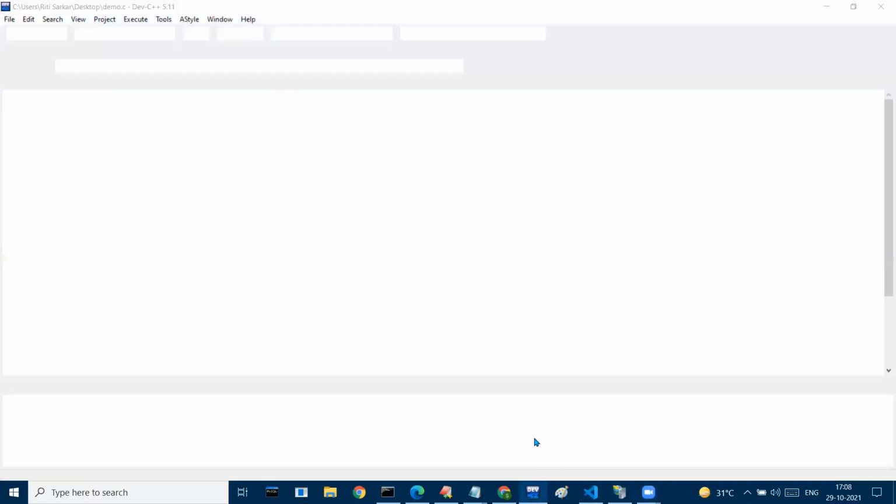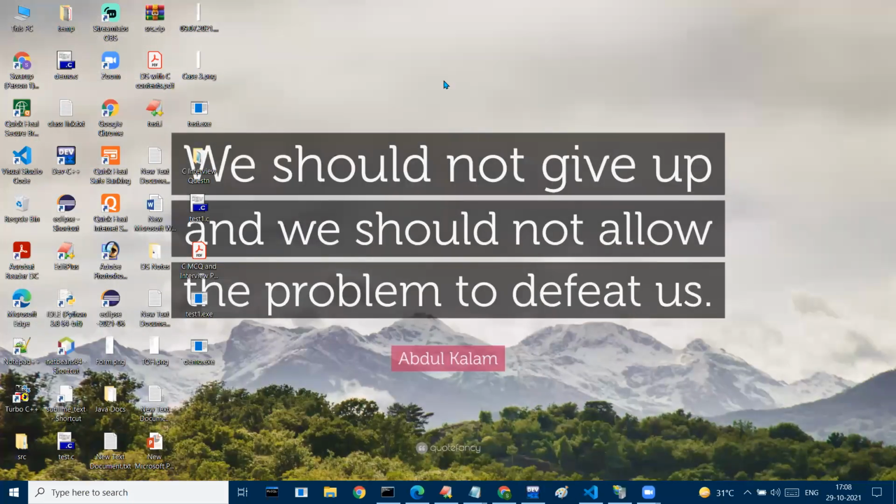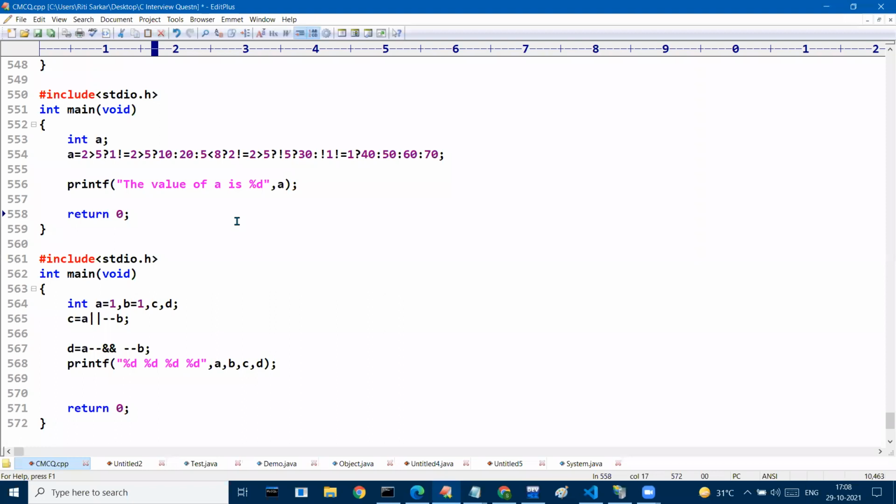In our last session, we learned about ternary operators, right? And I think I've given two examples to verify how to bracketize the expression.